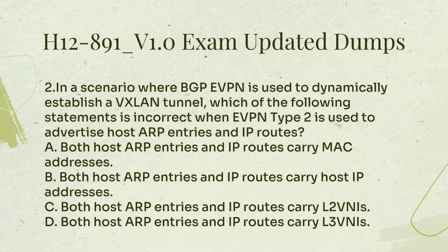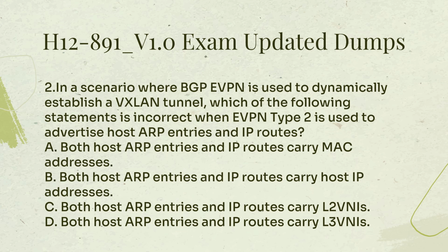2. In a scenario where BGP EVPN is used to dynamically establish a VXLAN tunnel, which of the following statements is incorrect when EVPN Type 2 is used to advertise host ARP entries and IP routes? A. Both host ARP entries and IP routes carry MAC addresses.